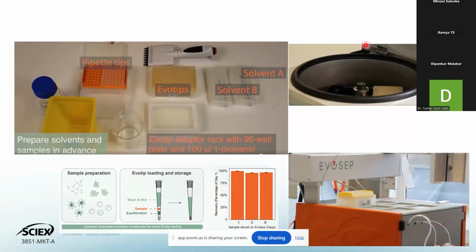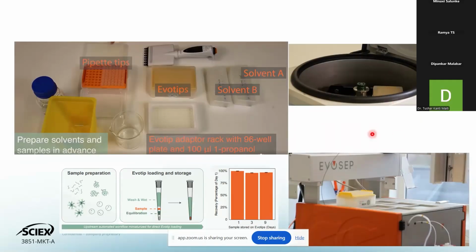You can see that this is a simple centrifuge where this Evotip can be used. We can use centrifugation to purify the sample. One at a time, around 96 samples can be purified through centrifugal force.